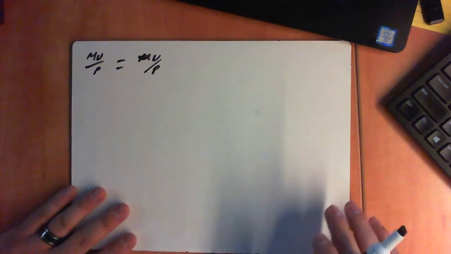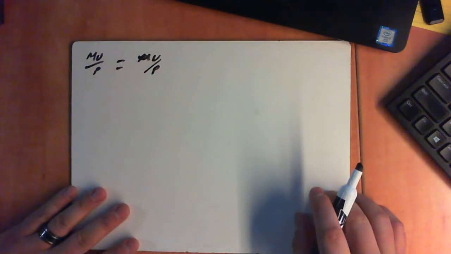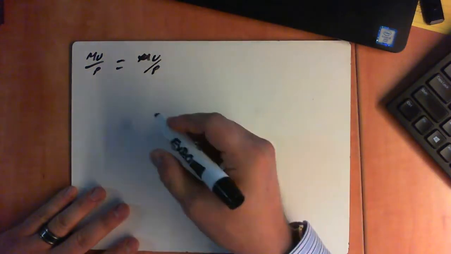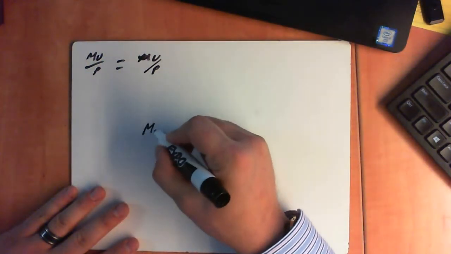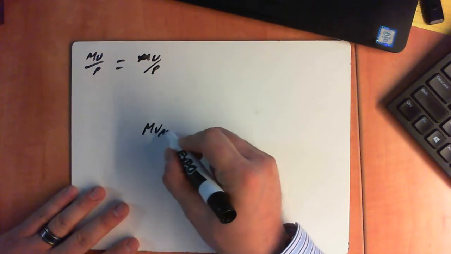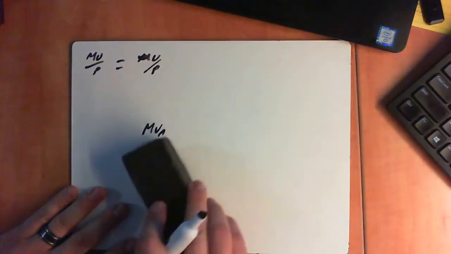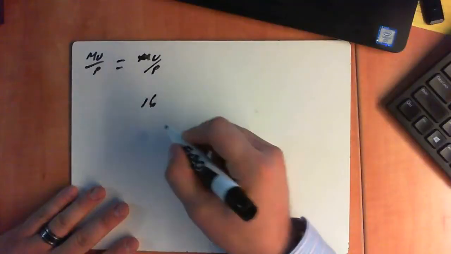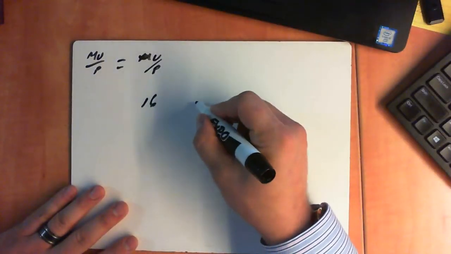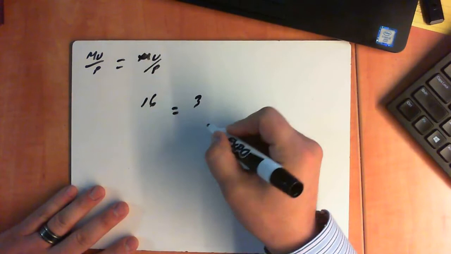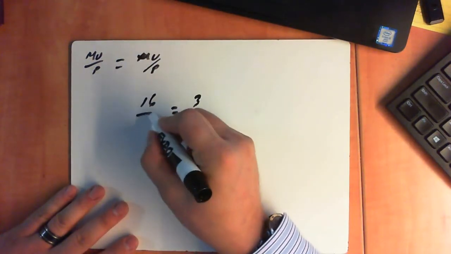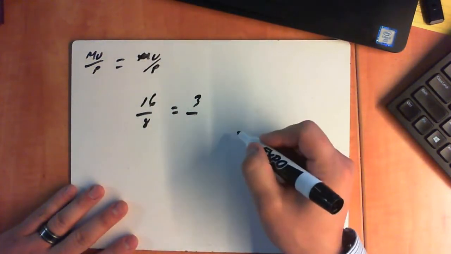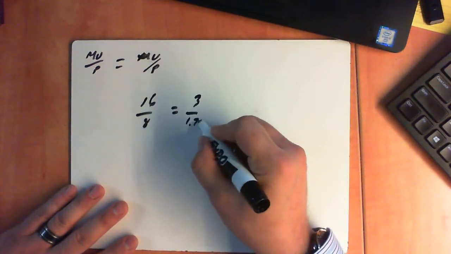So the last question is going to ask you to analyze this equilibrium. Suppose you're consuming two goods, A and B. Your marginal utility of A is equal to 16. The marginal utility of good B is equal to 3. The price of good A is equal to 8, and the price of good B is equal to 1.75.